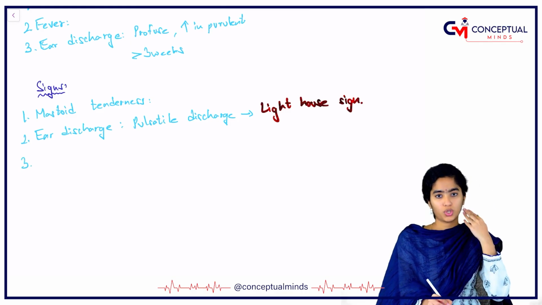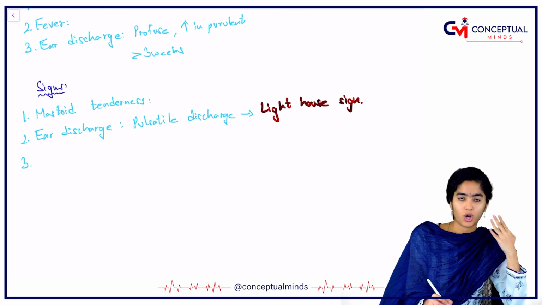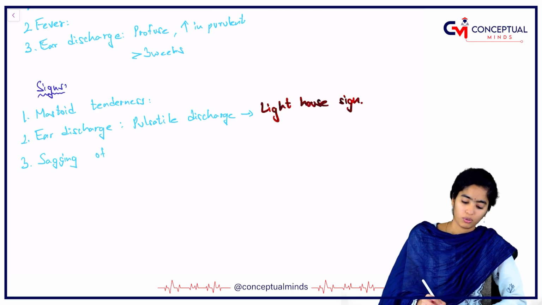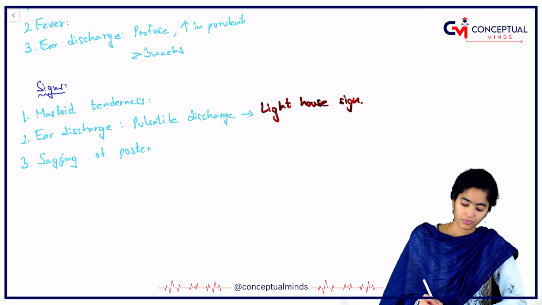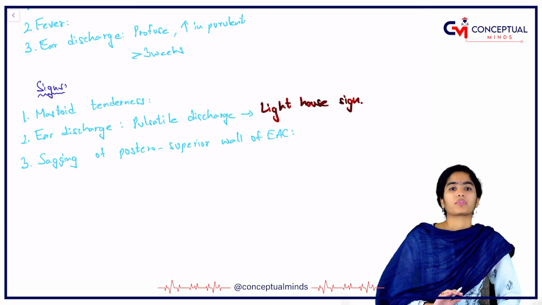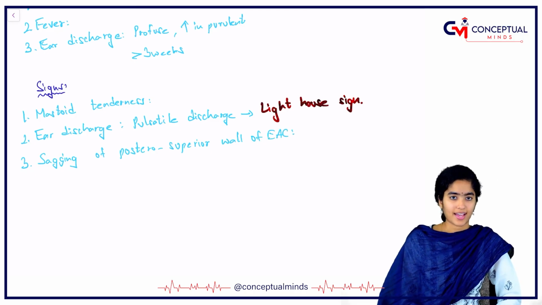Then the posterior-superior meatal wall sags down. This is important. Sagging of the posterior-superior wall of the external auditory canal. Why is there sagging?